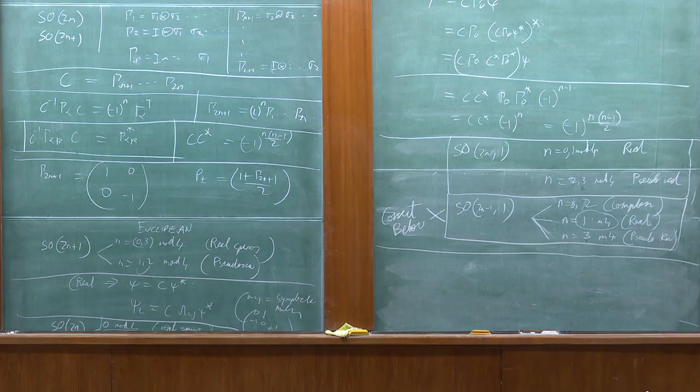So for instance, if you take the generator of time, time translations, and demand that it be Hermitian in Lorentzian space, it will become anti-Hermitian in Euclidean space because it picks up an additional factor of i.